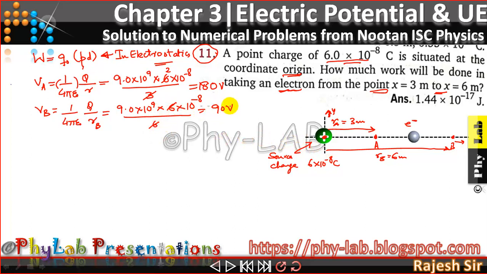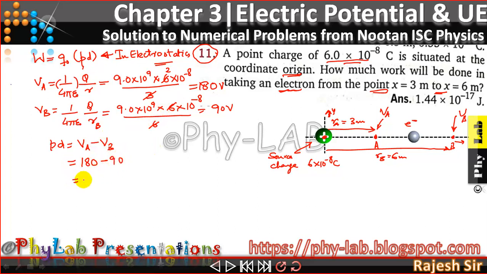Now friends, I have got the potential at point A and potential at point B. This is the potential at point A, VA, and potential at point B as VB. Now what is the potential difference? Potential difference happens to be VA minus VB. What is VA, friends? That happens to be 180 volt. What is VB? That is 90 volts.